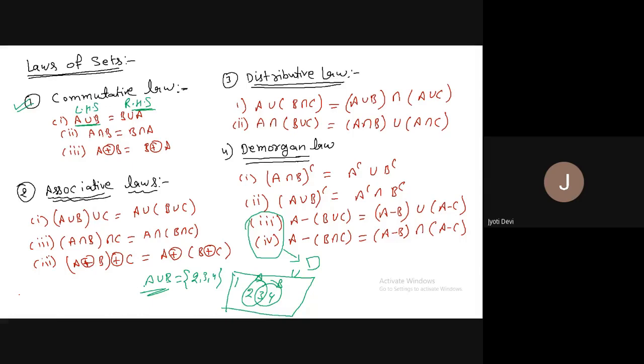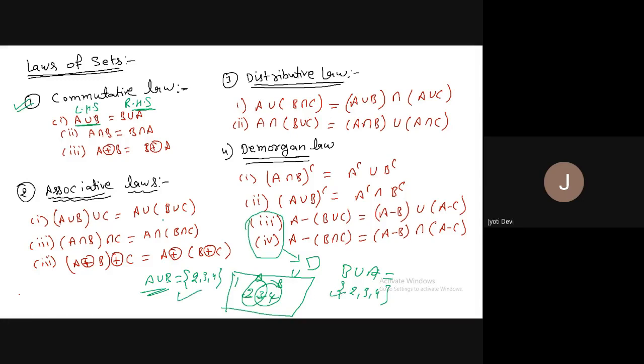And on the right hand side, this is the LHS, this is the RHS. What are the elements present in the RHS? B union A. According to me, the same elements 2, 3, 4. If you compare LHS with RHS, we get the same result.